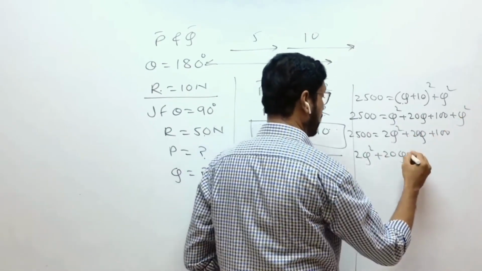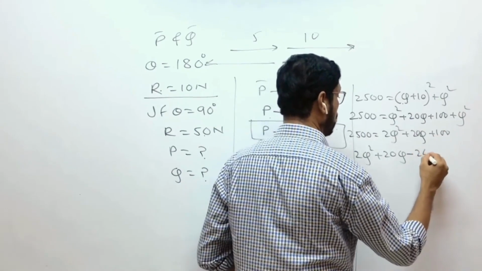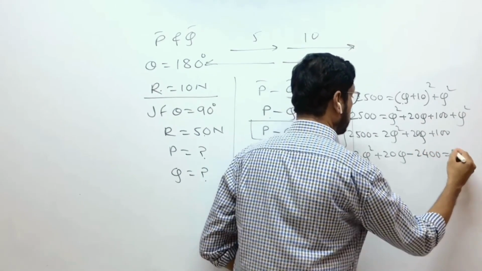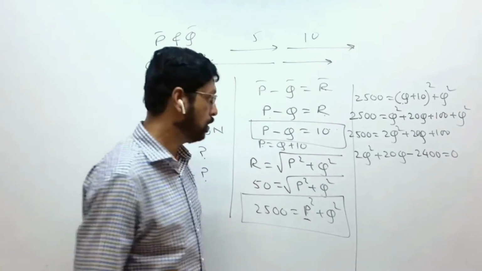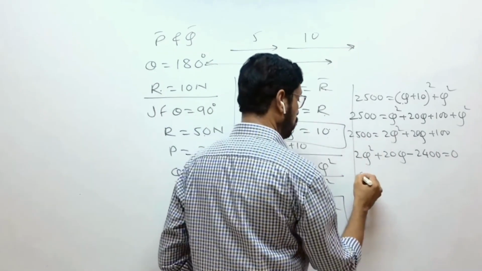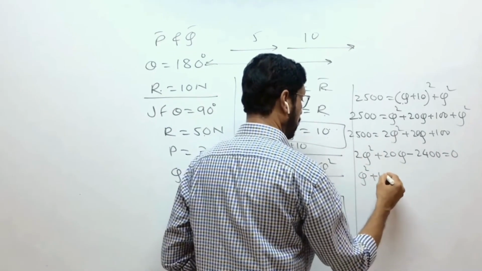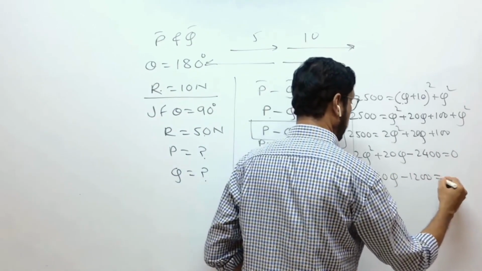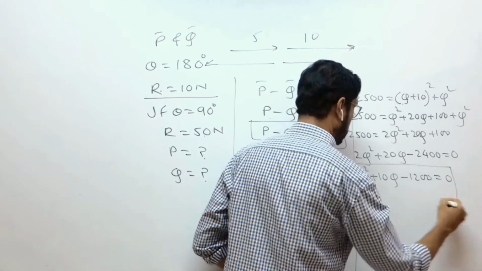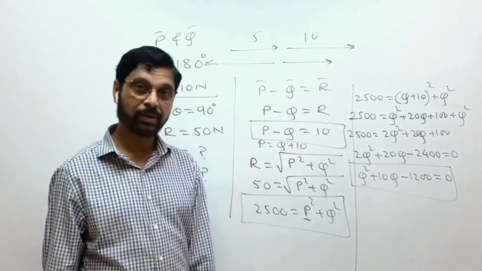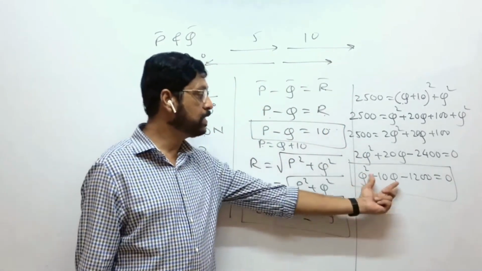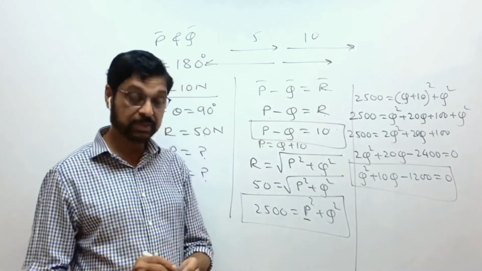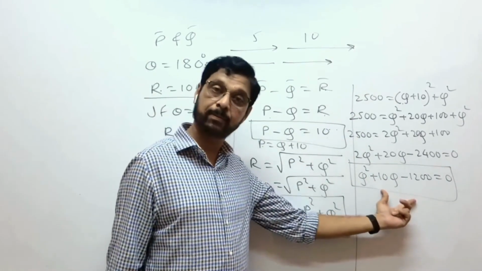or you can say 2Q square plus 20Q, 100 minus 2500, that is minus 2400, is equal to 0. Divide the equation by 2. Q square plus 10Q minus 1200 is equal to 0. What is this?